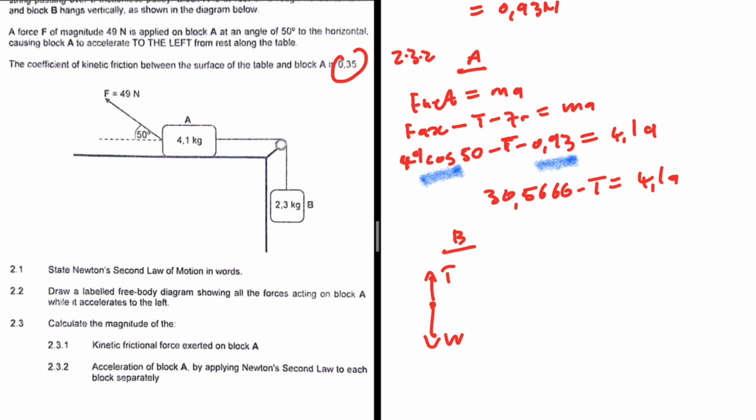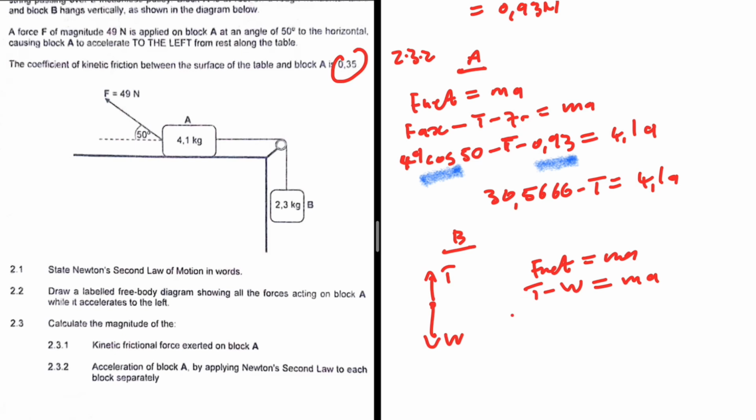So are we moving at a constant acceleration? No, we are not. The blocks are moving to the left, so B should be moving up. So let's start by saying F net equals ma first. The force that is pulling the object is the tension, and the weight is opposing, and this equals ma.